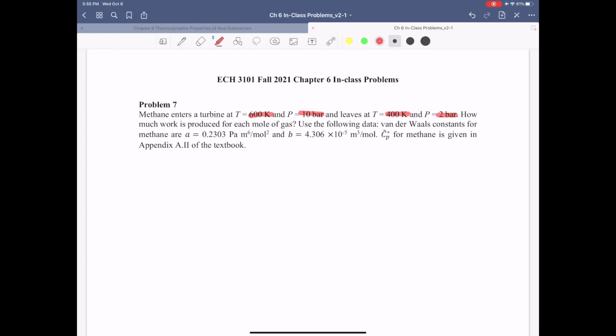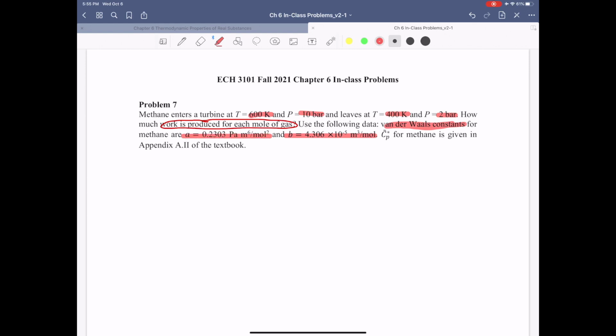All right? And what this problem wants us to calculate is what is the work that is produced for each mole of gas. Okay? And for our equation of state, the problem gives us the van der Waals constants for this methane.